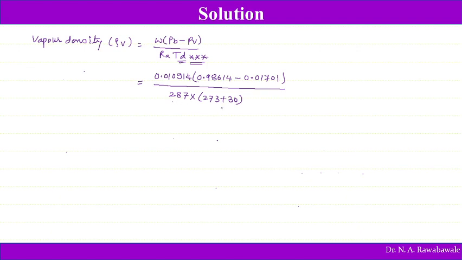After calculation we get 0.01216 kg per meter cube of dry air. So this is the vapor density. The next term which we want to find out is the enthalpy of mixture.